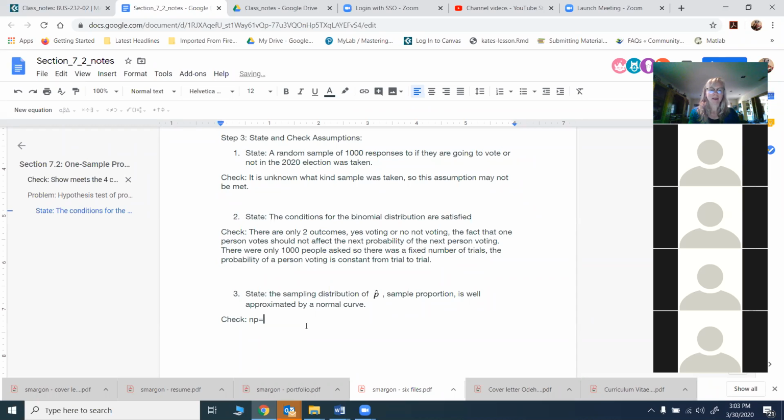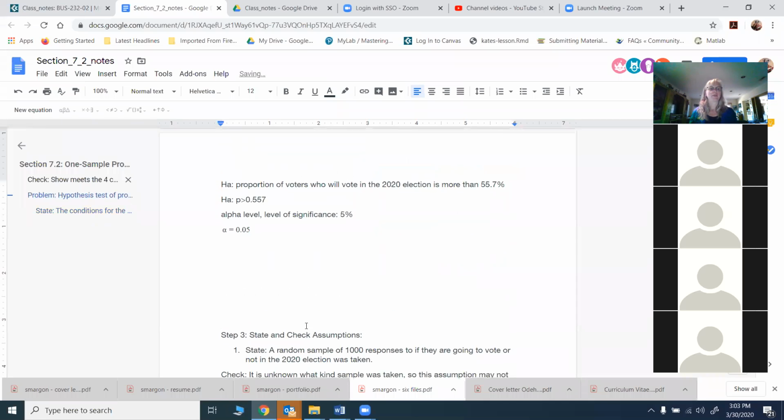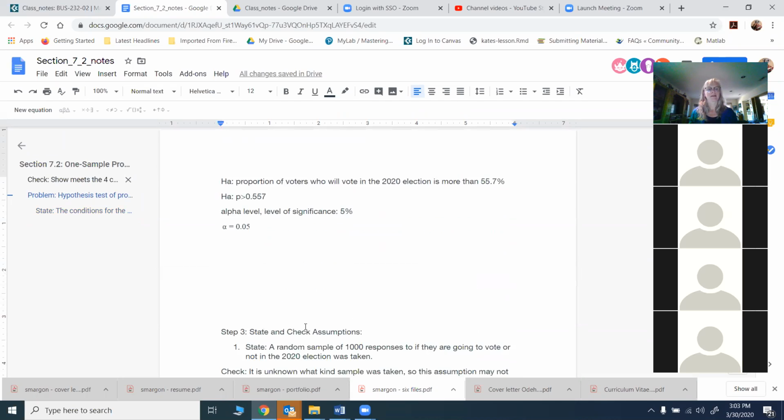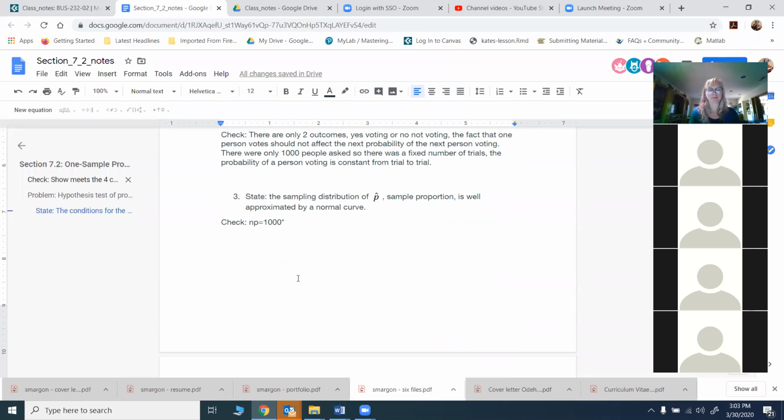So in this case, my n was 1,000. What does H0 tell me that p is equal to? 0.557. Yeah, and that's really where H0 plays its role, it tells you what that value is. If I multiply this together, that's 557. Is that bigger than 5? Yes.